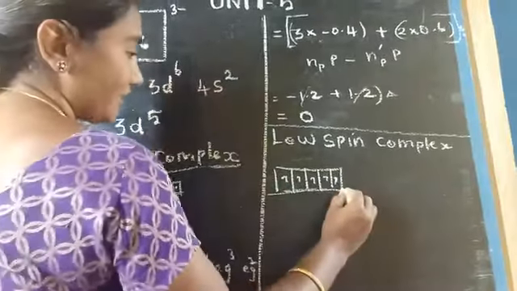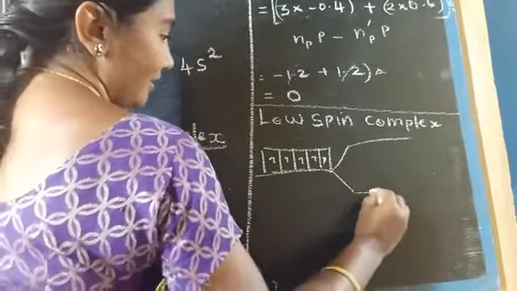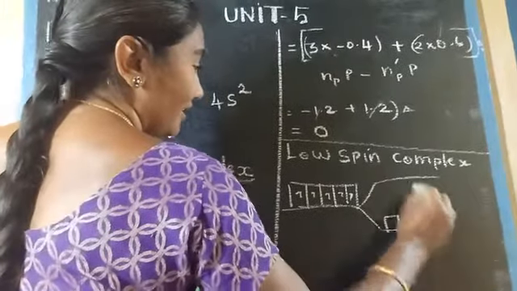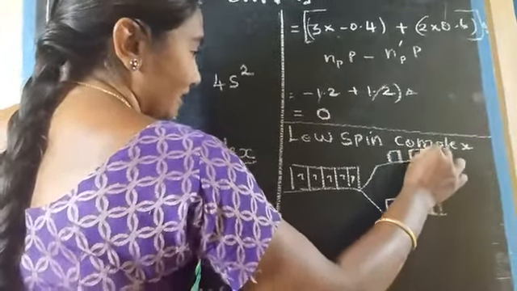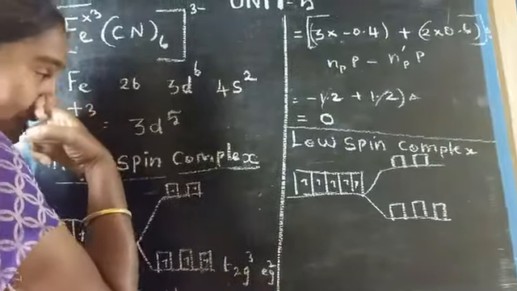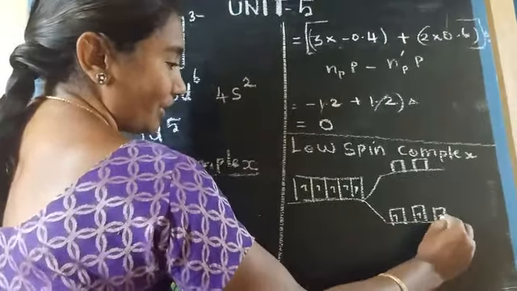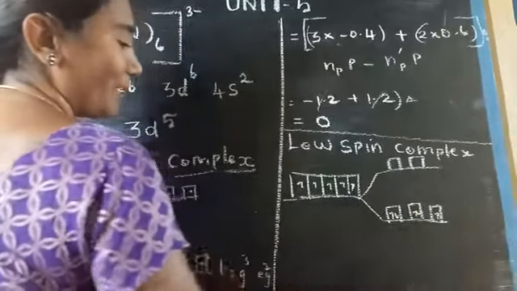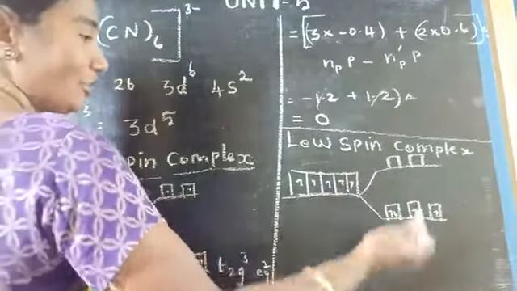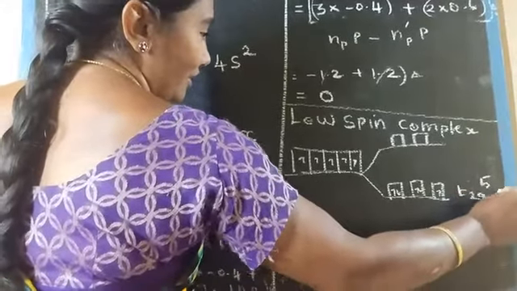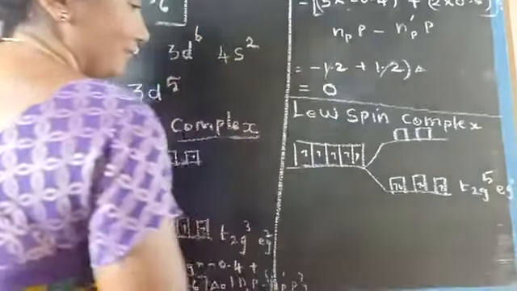Now splitting takes place. Here T2g, here Eg, because it is an octahedral complex. Here 5 electrons, so 1, 2, 3, 4 and 5. Here no electrons, so T2g 5, Eg 0.